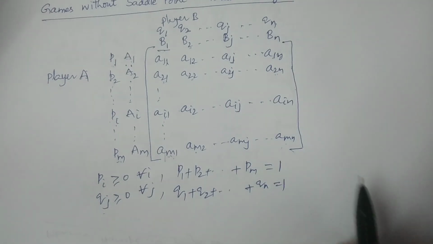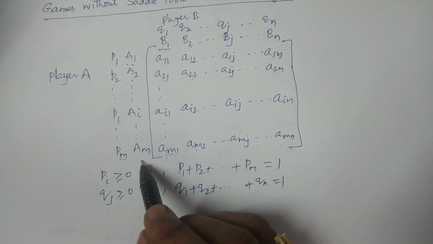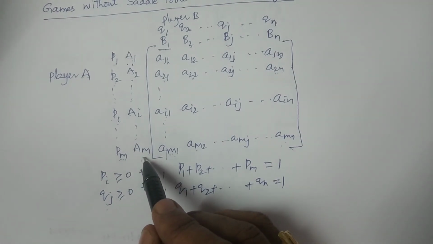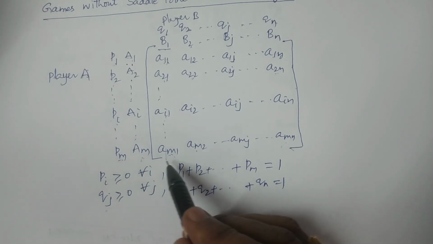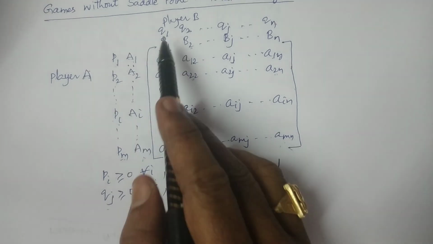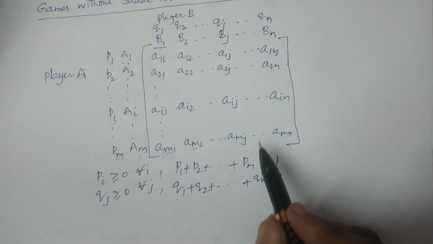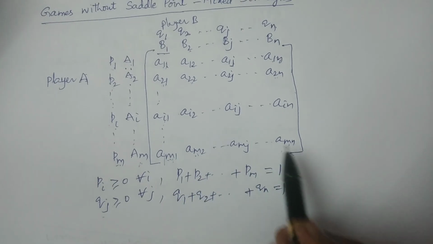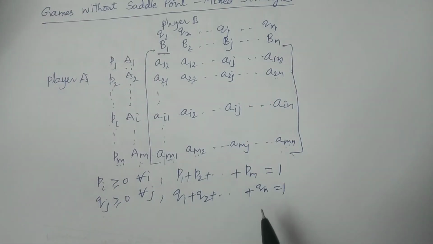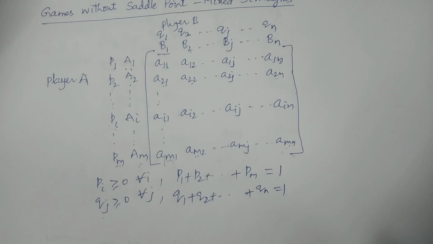Similarly, if player A uses the strategy Am, then the expected loss for player B is Am1 Q1 plus Am2 Q2 plus and so on plus Amn Qn. This last row is multiplied with Q1, Q2, up to Qn. You will get it. That's all.